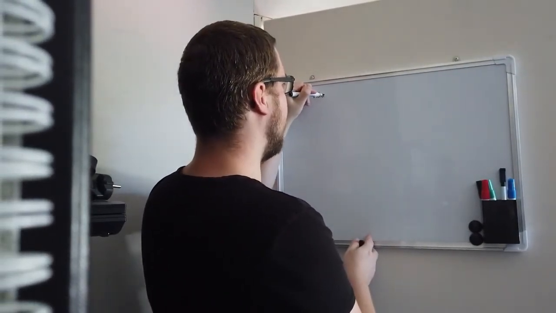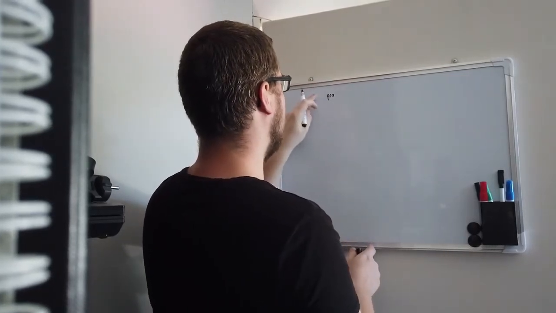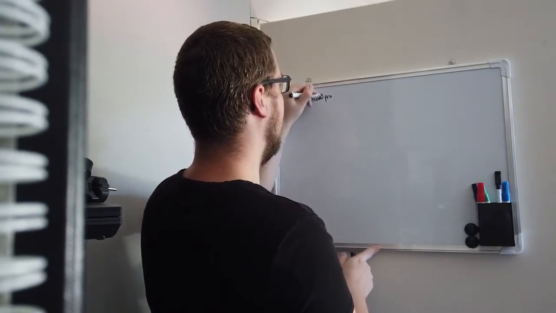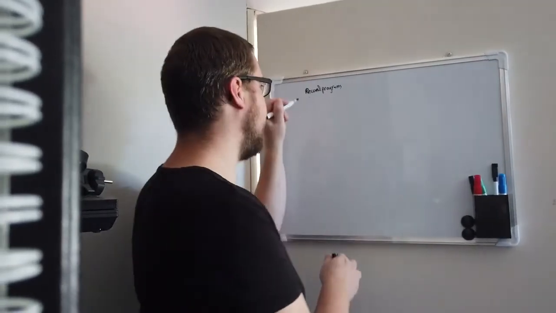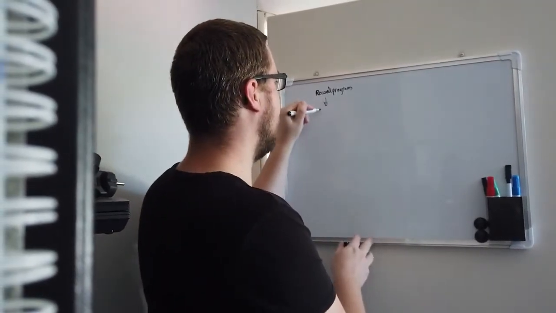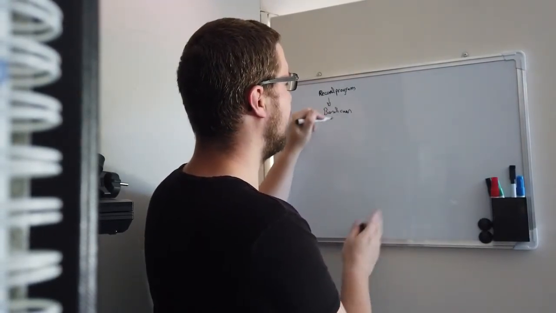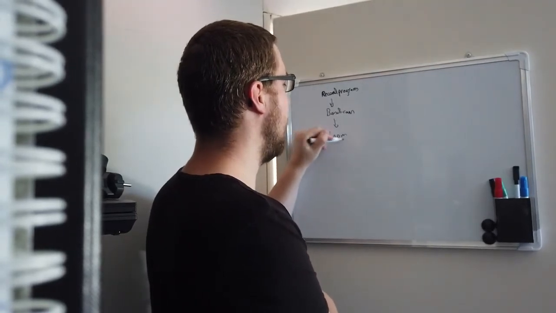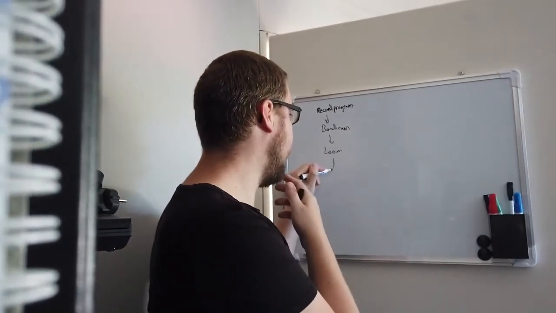So the first step that we have are the video record programs, and I'm talking here about things like Bandicam, which is an old one, but you can also say Loom. This is the one that I use.